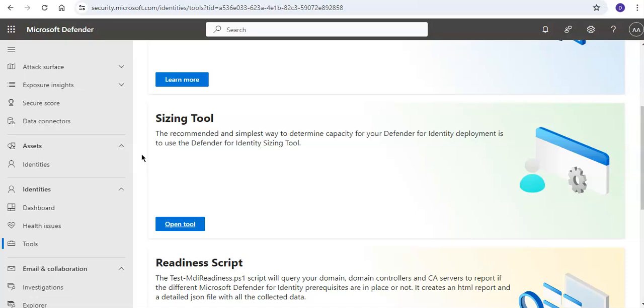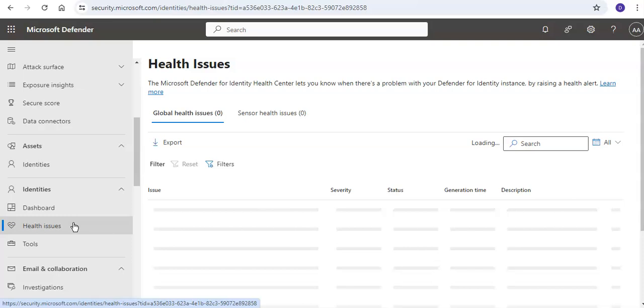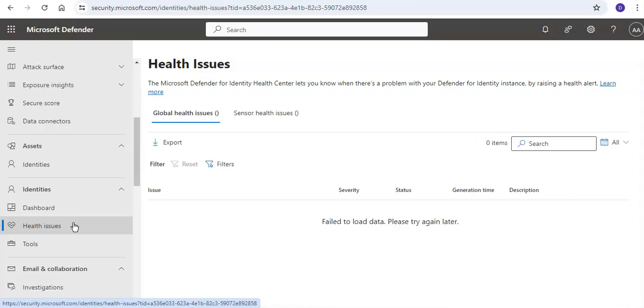There are some Defender for Identity components. Defender for Identity consists of the following components: the Microsoft Defender portal, which is what you are seeing. Then Defender for Identity sensors, which can be directly installed on domain controllers, ADFS, or certificate servers. Then you have the Defender for Identity cloud service, which runs on Azure infrastructure and is currently deployed in the regions of US, Europe, Australia, and Asia.